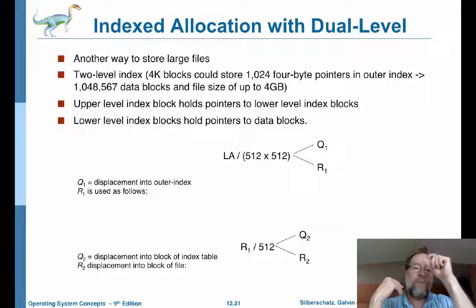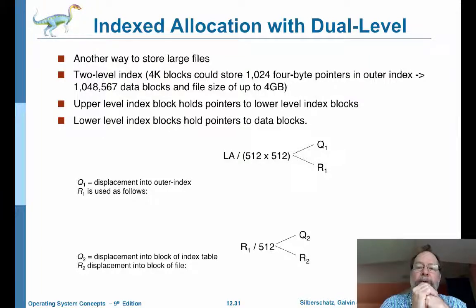One block is the top level block. Then the next level of the tree is the low-level index blocks, and the layer below that is all the data blocks. You work out the math. If you have 4 kilobyte blocks that can store 1,024 4-byte pointers in the outer index, then that'll give you about a 4 gigabyte file that you could store that way.